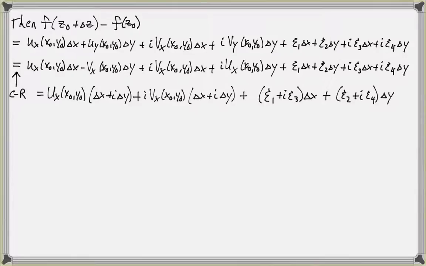Now we're ready to divide this expression by delta z, and we see that f of z0 plus delta z minus f of z0 over delta z will equal, well, in the previous line, delta x plus i delta y is equal to delta z. So when I divide this by delta z, I just get the derivative of u with respect to x.